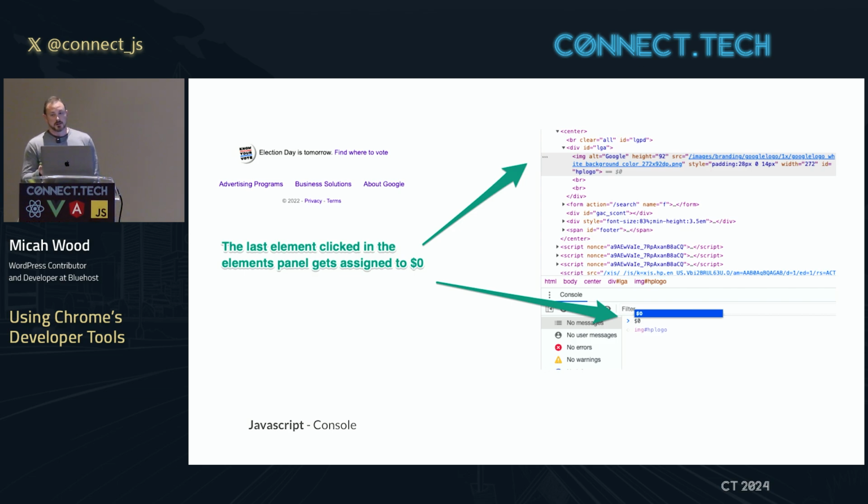So you could just type $0 in the console, and that is your current element. So if you click on something else and use $0, then it's another element. So it's nice as a little shortcut, and it works also with your snippets that we'll get into later. So very handy shortcut, and of course you can chain off of that as well, any methods or things that you might need.